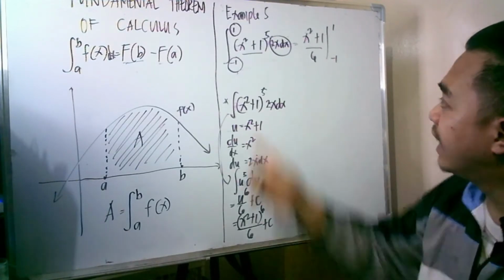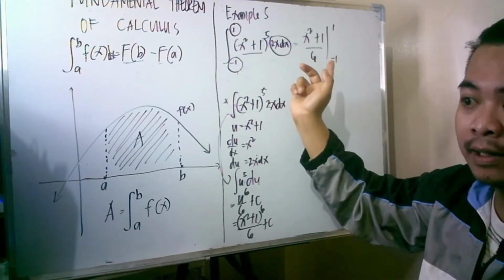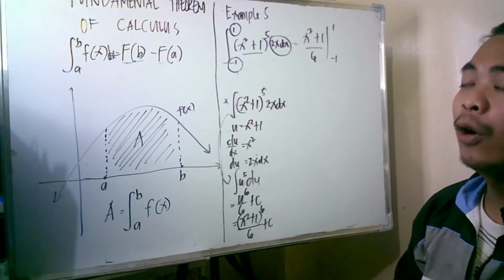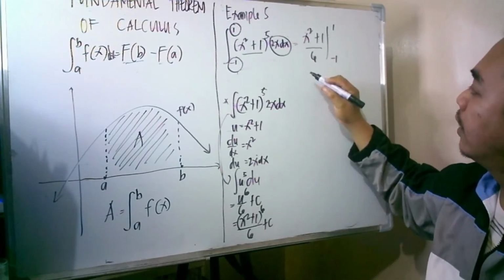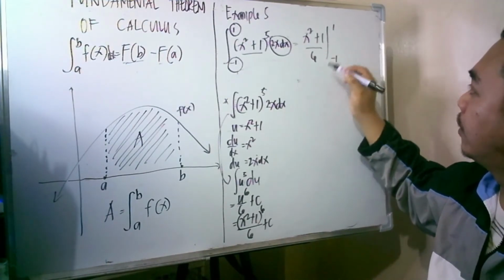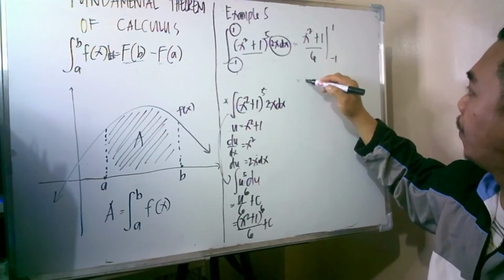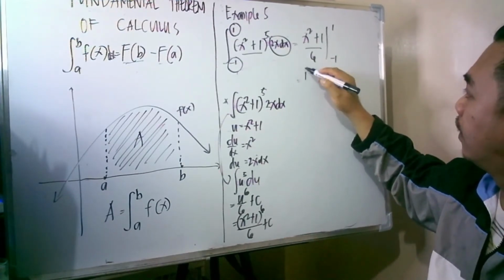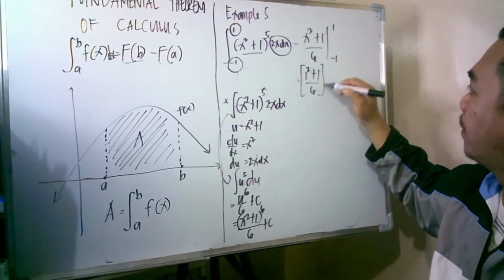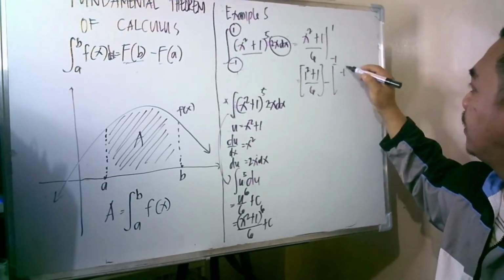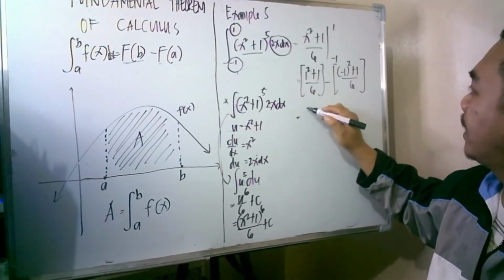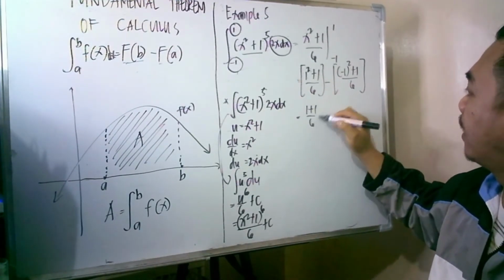Pero since ganyan lang naman, solve for the following definite integral, hindi area yung pinag-uusapan, okay lang na diretsohin natin yung FTC natin, Fundamental Theorem of Calculus. So we have 1 squared plus 1 to the 6th over 6, minus negative 1 squared plus 1 to the 6th over 6. So 0 talaga yung makukuha natin dito na sagot.